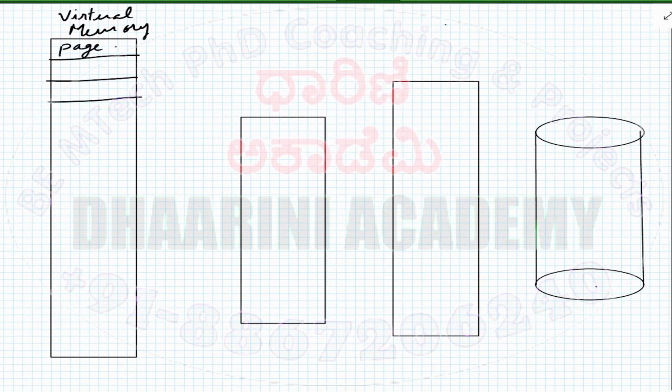This is page number 0. This is page number 1. Then we have page number 2, and so on. Like that we have several pages available, and let's call the last one page number V. That is the virtual memory.